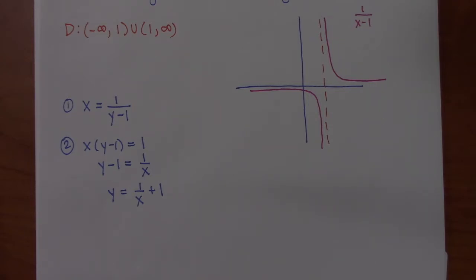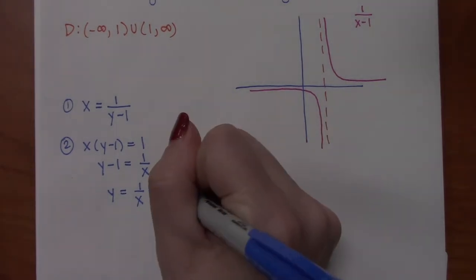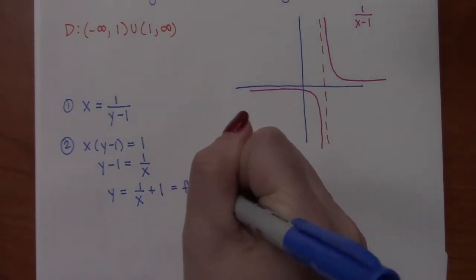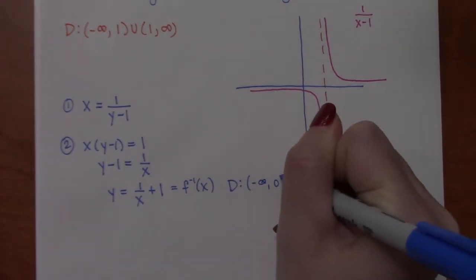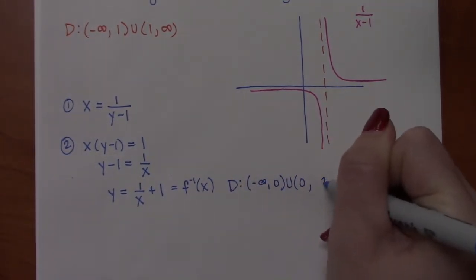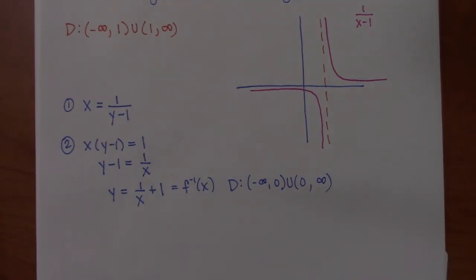Now, it's kind of hard in this form. Well, it's actually fine in this form. So if you look at this function, what value of x doesn't work now? 0. So this is the inverse function. And the domain of this inverse is exactly as expected.